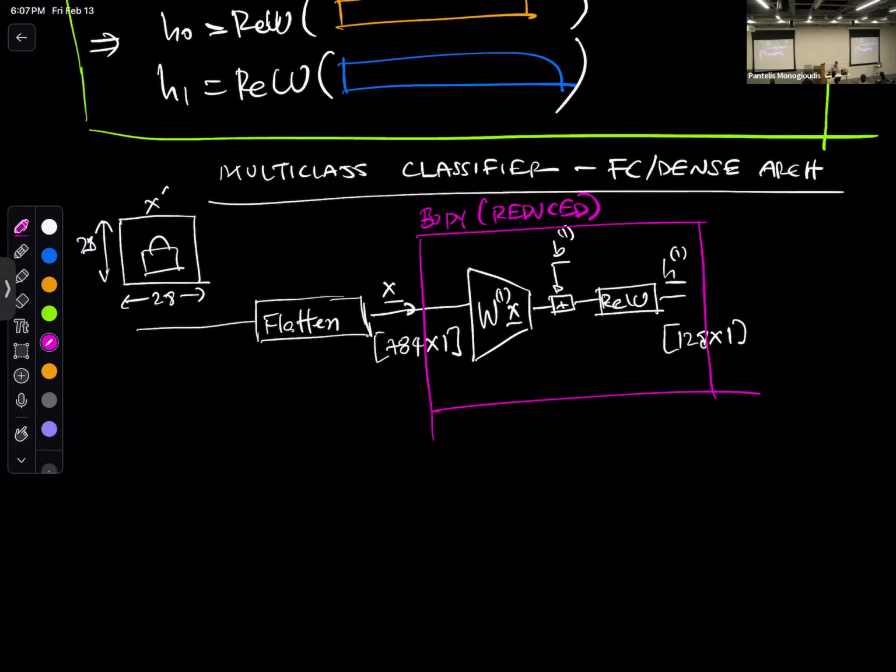Let me add reduced. And I'm going to take whatever features the body created for me, 100 by 1 vectors, in other words, right? And I am going to decide how to combine them.